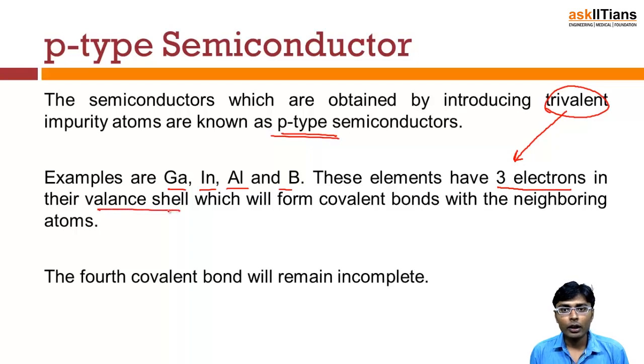Now see, we are adding this impurity to a pure semiconductor which is tetravalent in nature, right? We are adding an impurity which has 3 electrons in its valence shell. These 3 electrons will form covalent bonds with the neighboring atoms, but still there will be one vacant place.